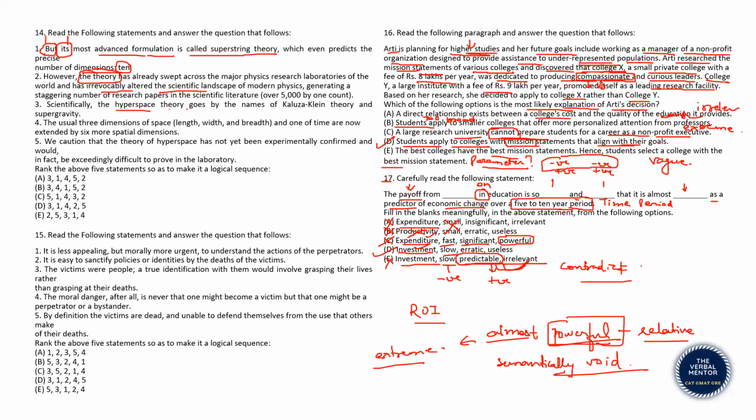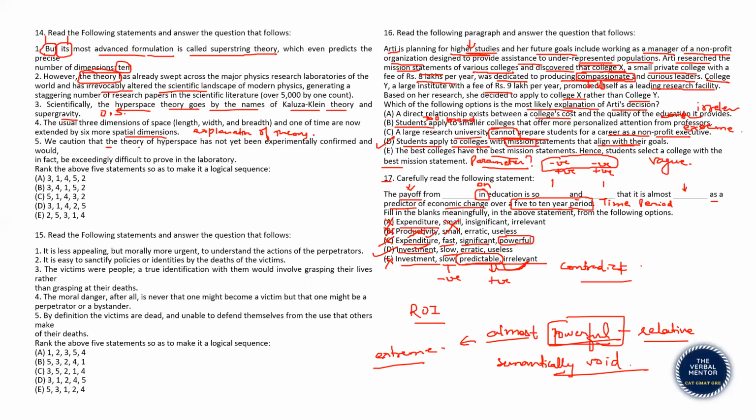Scientifically, the hyperspace theory goes by the names of Kaluza-Klein theory and supergravity. I think this is the opening statement. Okay. The usual 3 dimensions of space and 1 of time are now extended by 6 more spatial dimensions. I think this is an explanation of the theory. All right.